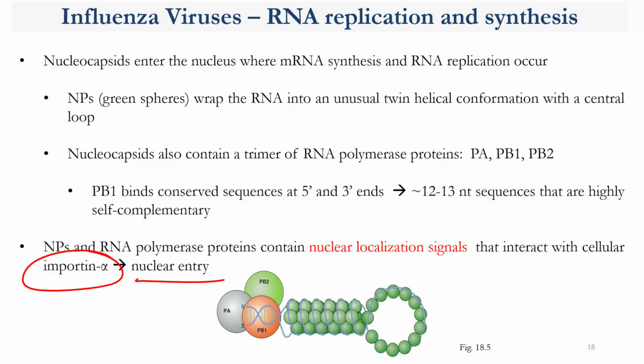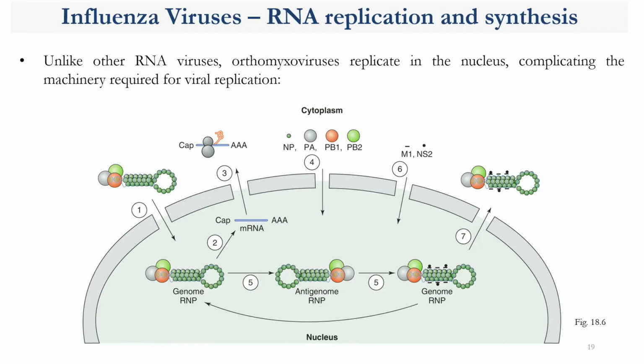Okay? And unlike other RNA viruses that we have seen before, orthomyxoviruses replicate in the nucleus. And as a result, the machinery that's required for viral replication becomes fairly complicated. Because what needs to happen is your nucleocapsid needs to go in, it needs to be made into antigenome, and finally into genome.